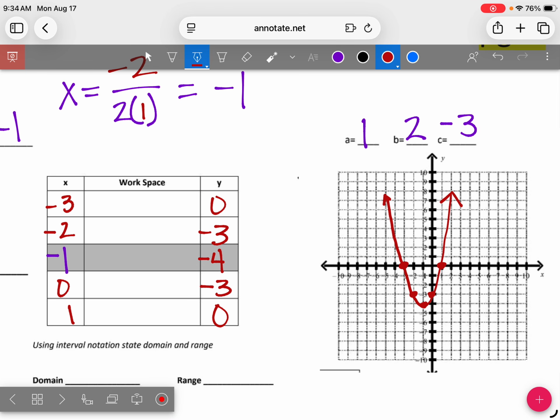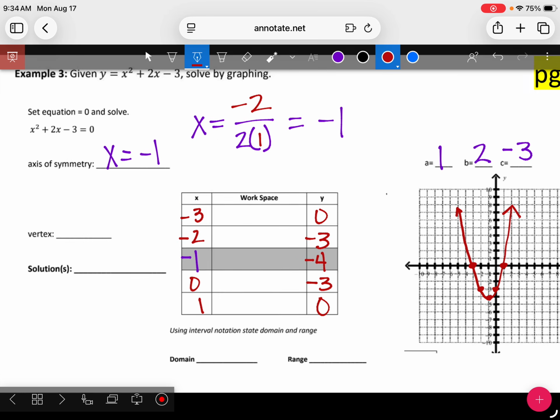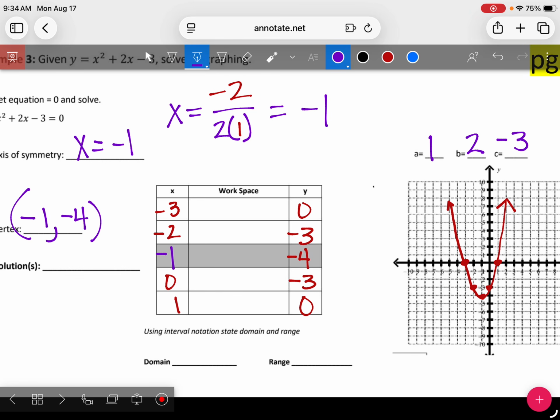Okay, so now the vertex is -1, -4. Sorry, it's not -4. It's -1, -4. Who had that? So how many spots does this graph go through the x-axis? 2 times.